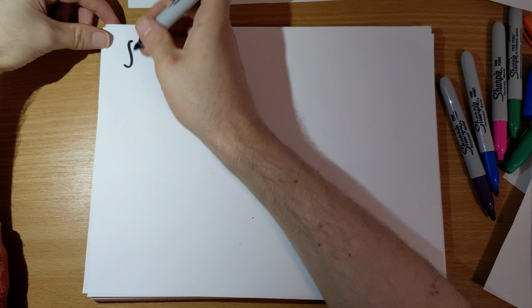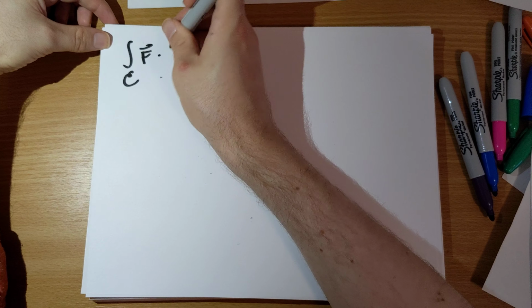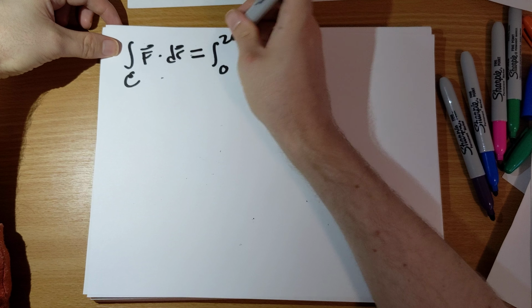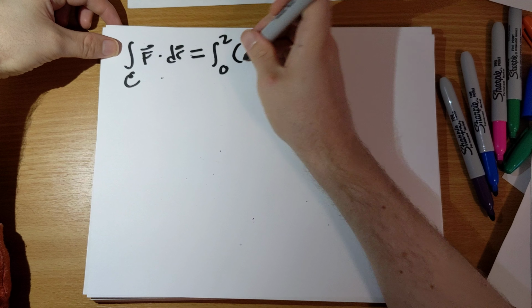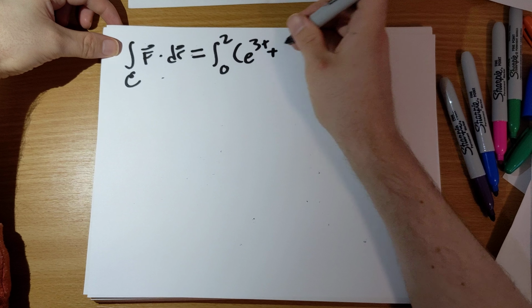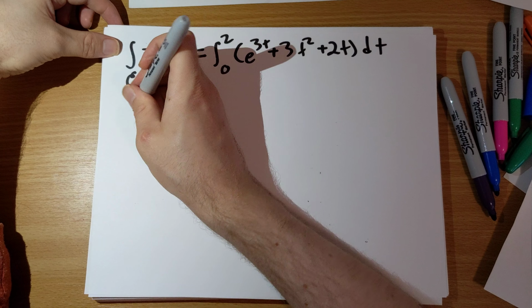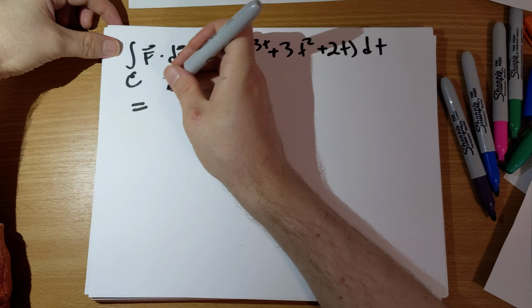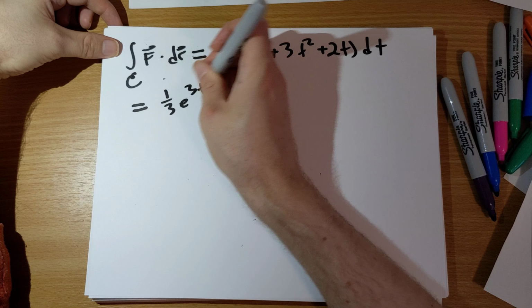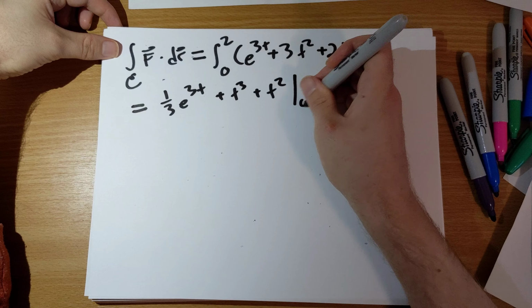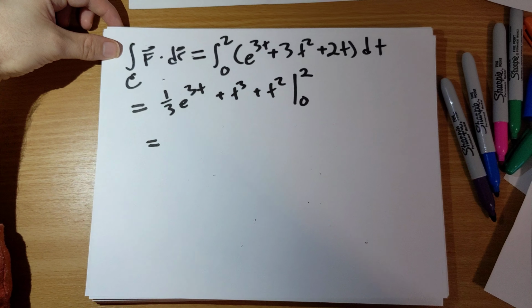So the integral over C of f dot dr is equal to the integral from 0 to 2, t runs from 0 to 2, of e to the 3t plus 3t squared plus 2t dt. Antiderivative of this will be 1/3 e to the 3t plus t cubed plus t squared. Plug in t runs from 0 to 2.